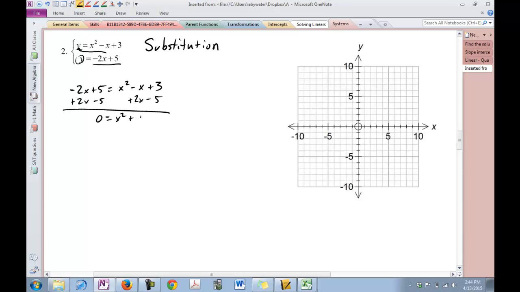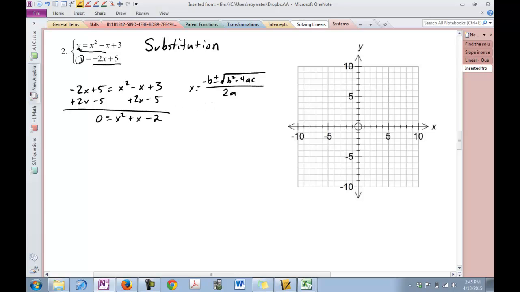I'm going to end up with plus x and then minus 2. Now, if I wanted, I could solve that by the quadratic formula, because I know that x equals negative b plus or minus the square root of b squared minus 4ac, all over 2a.